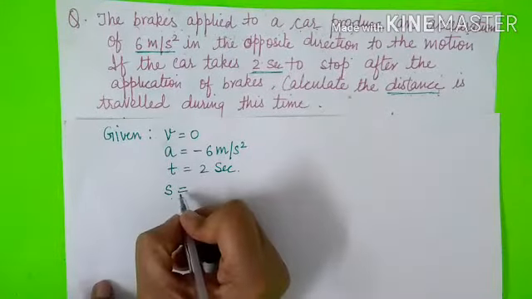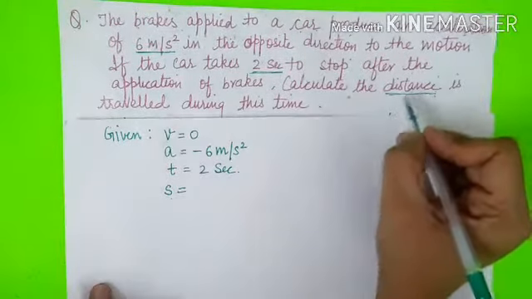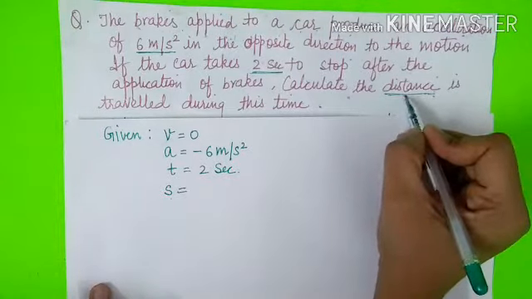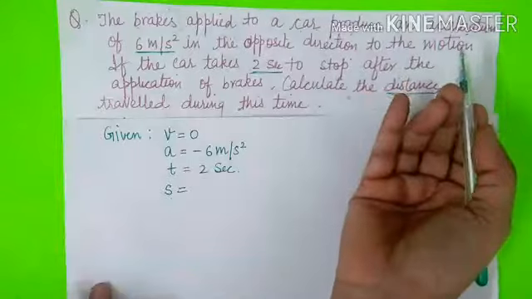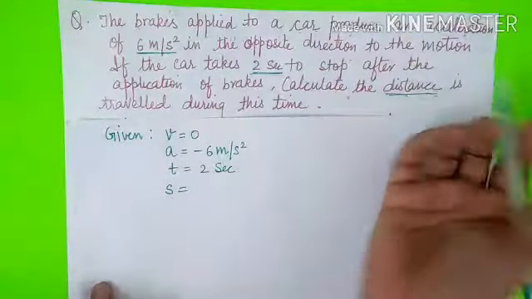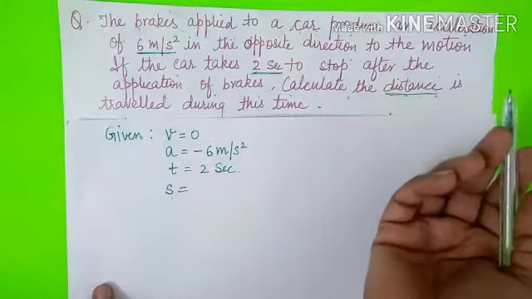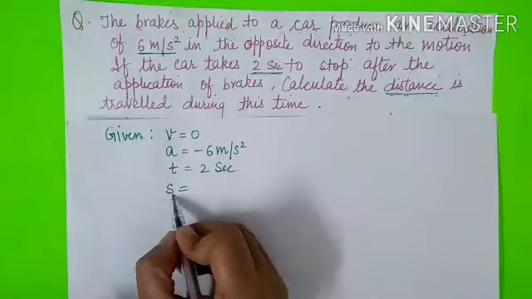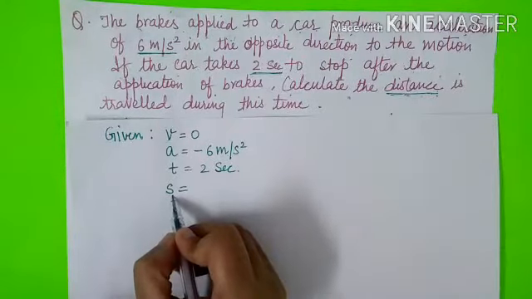So here I will mention that distance is equal to displacement in this numerical, because the car is usually in straight line motion. Whenever any object is in straight line motion, distance is equivalent to displacement. So we use this symbol for distance.